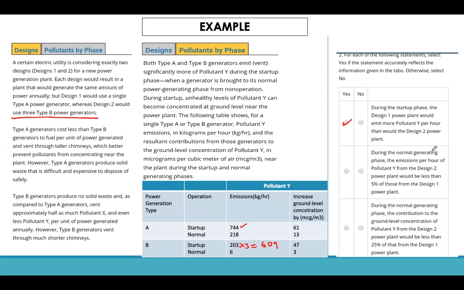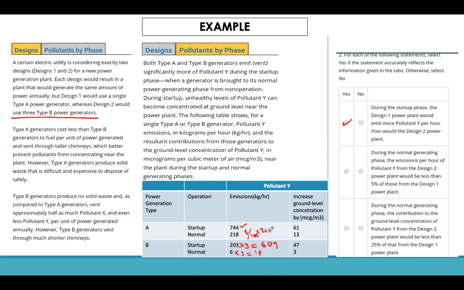Then second choice, during the normal generating phase, emissions per hour of pollutant Y from the design 2 power plant will be less than 5% of those from the design 1 power plant. All right, so normal phase is here, so times 3 will give us 18. We've been told this should be less than 5% of what design 1 produces. 5% is the same as saying 1 over 20, 5 over 100.